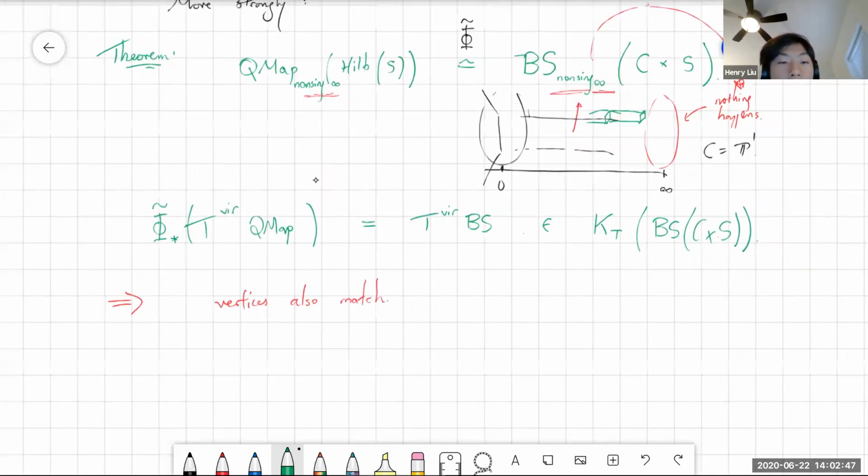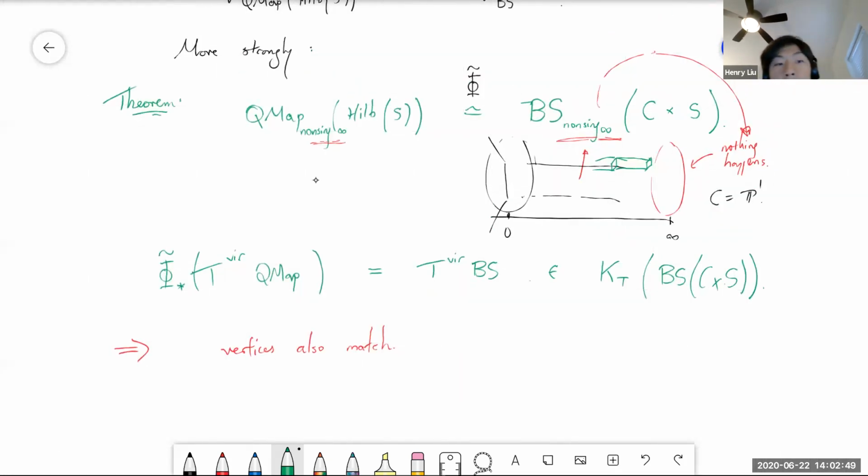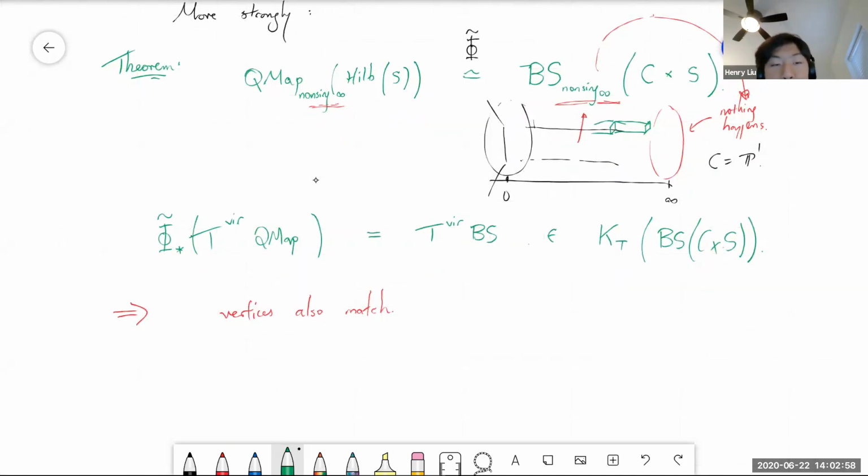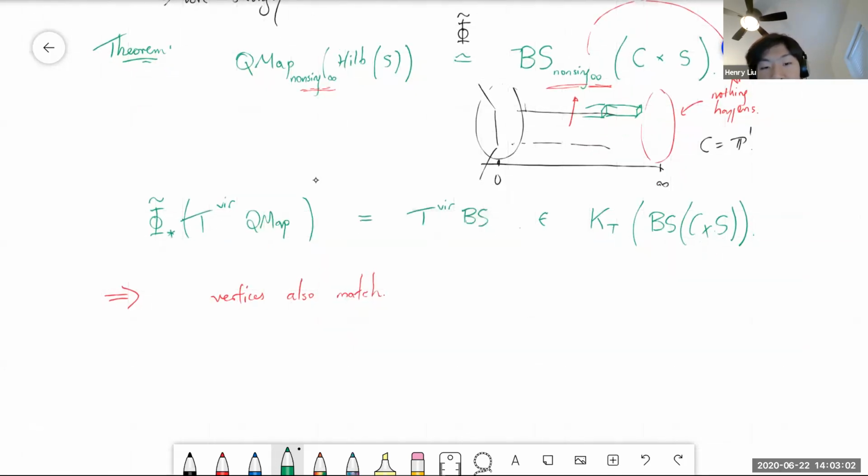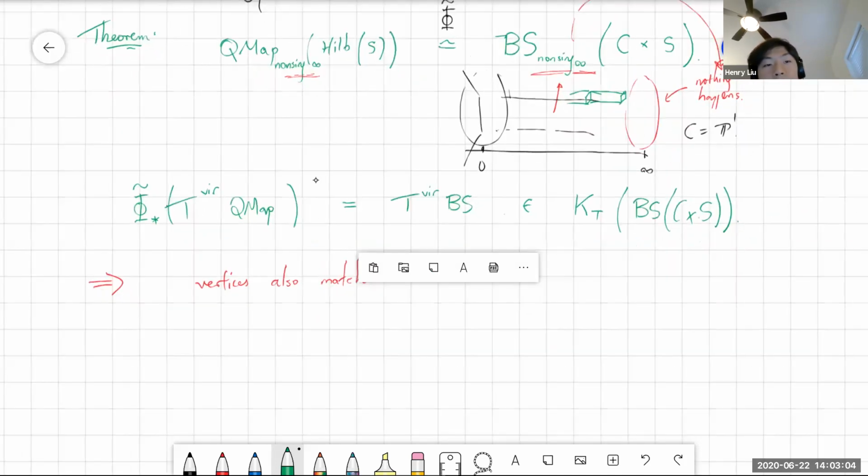Okay. So I think what's more interesting than diving headfirst into the proof of this is to see some applications of this.